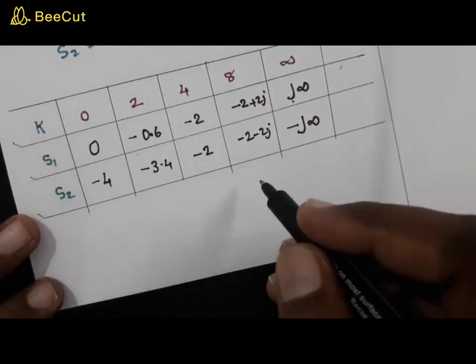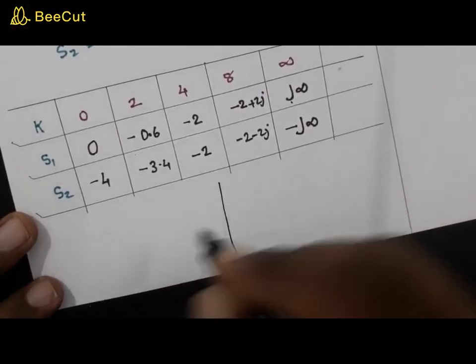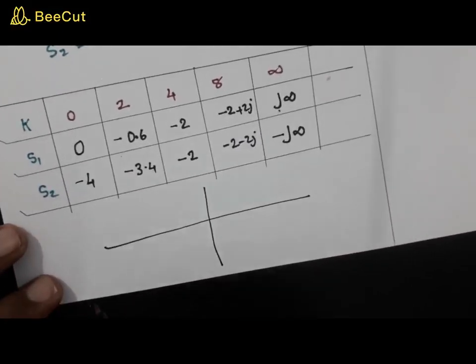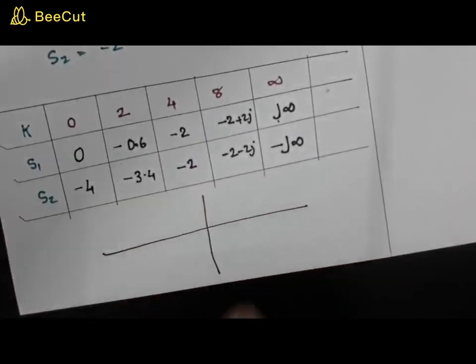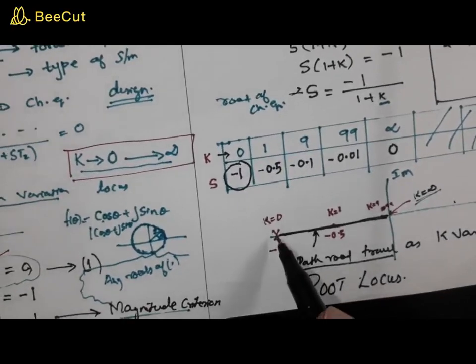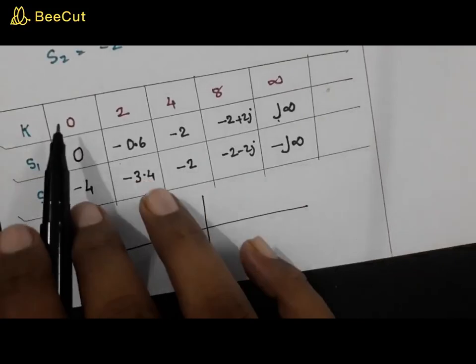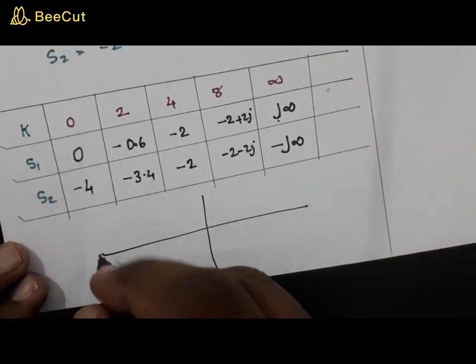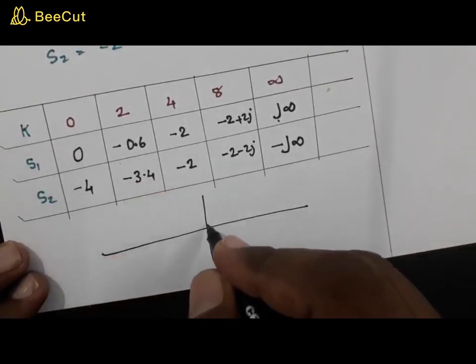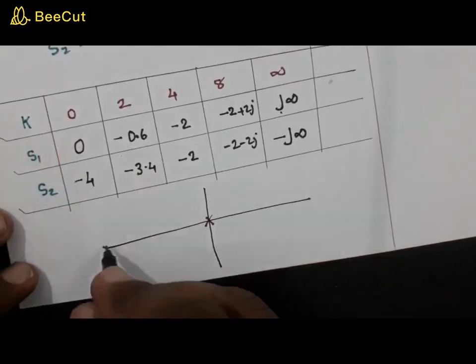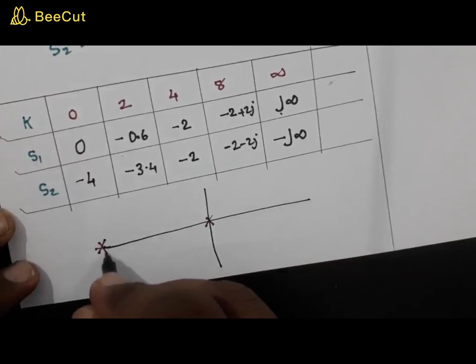Now let us try to draw this s-plane. You are going to plot these two, s1 and s2. For k equal to 0, you have 2 points, whereas in comparison to this root, you have only 1 point for a particular value of k. Here, at k is equal to 0, you have s1, which is a pole at the location 0, and you have another pole at s is equal to minus 4.